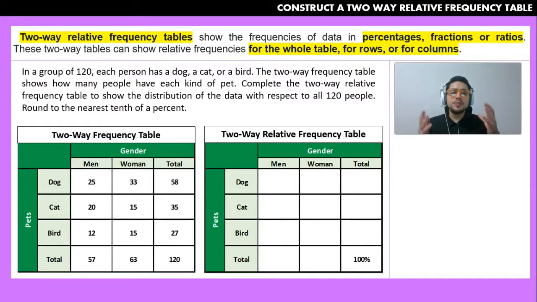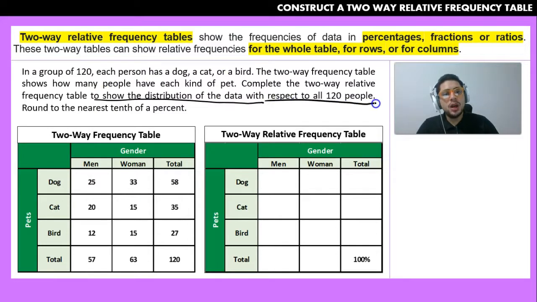Okay, so in today's video, guys, we are being asked to draw the two-way relative frequency table, and they are asking us to complete it to show the distribution of the data with respect to all 120 people. So this is very, very important because that means that in this case, the relative frequencies that we're going to show are for the whole table, right?